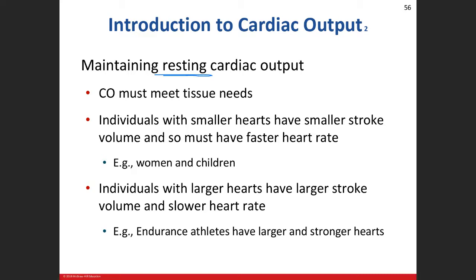Basically, they make this same comparison. Animals with smaller hearts will have a smaller stroke volume, so they have to beat faster. That's why a hummingbird has a really fast heart rate, right?